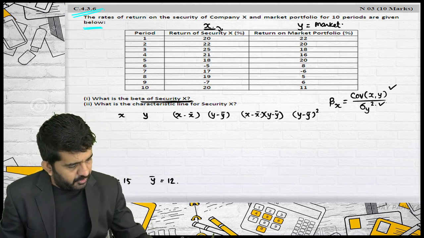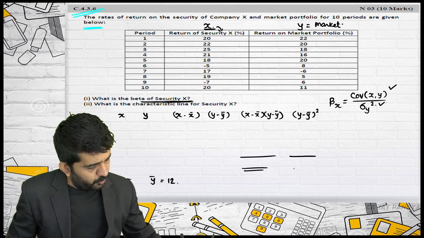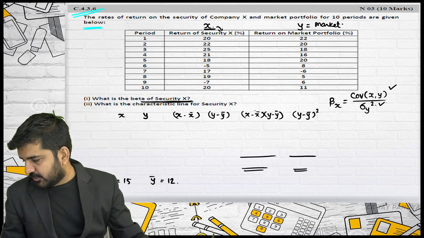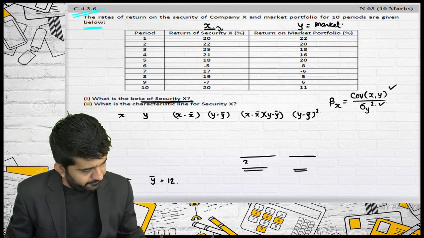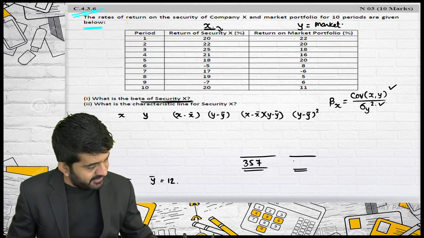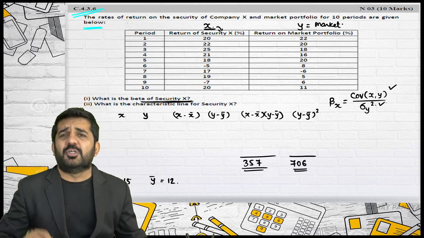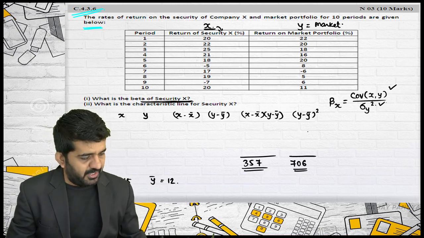Sorry, you will need a total of this. X minus X bar into Y minus Y bar is 357. And Y minus Y bar whole square is 706. I am not doing it because it is extremely simple, right? You just need to draw this column and find out the answer.